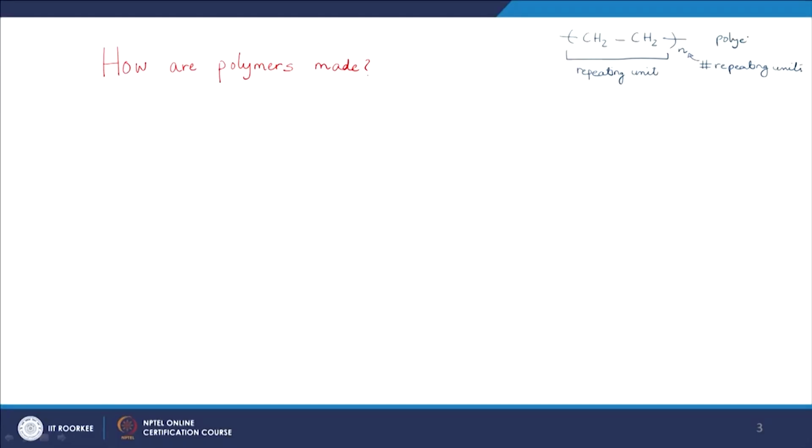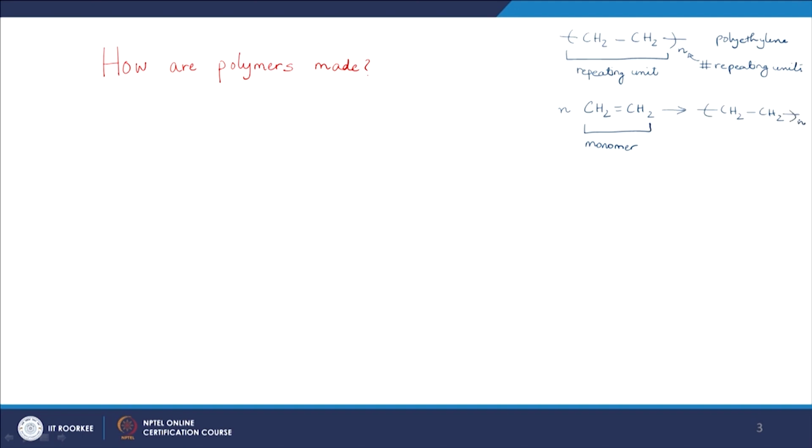So when we talk about polymers in this particular way, the polymers typically have to be formed from some kind of monomer, which in the case of polyethylene that I just drew here, is the ethylene molecule. Okay, so this is a monomer, and the reaction by and large is of this particular sort.